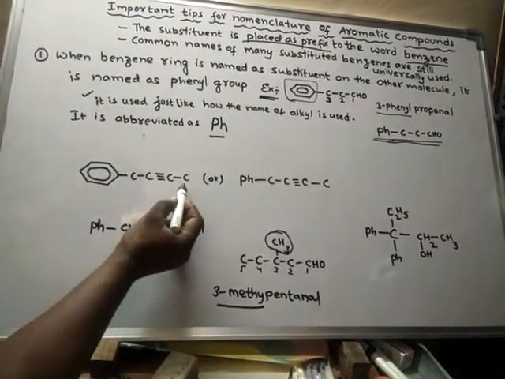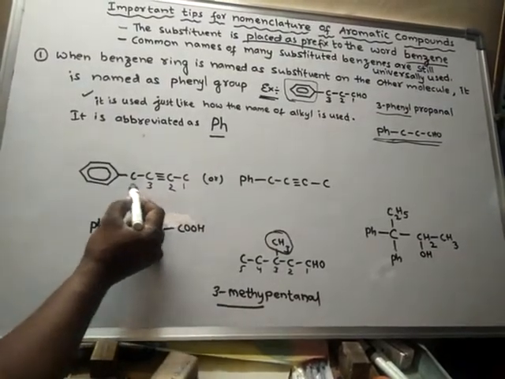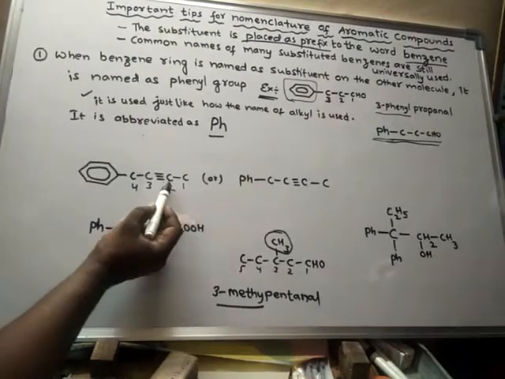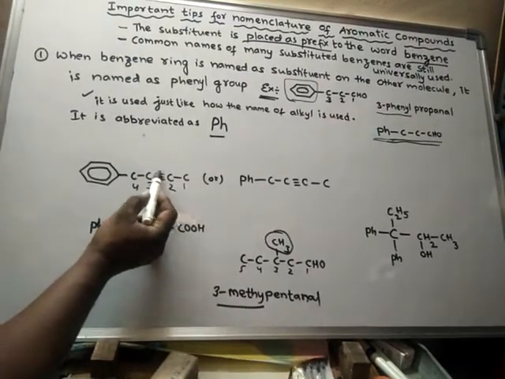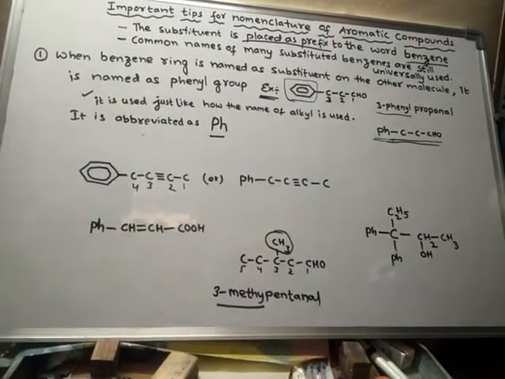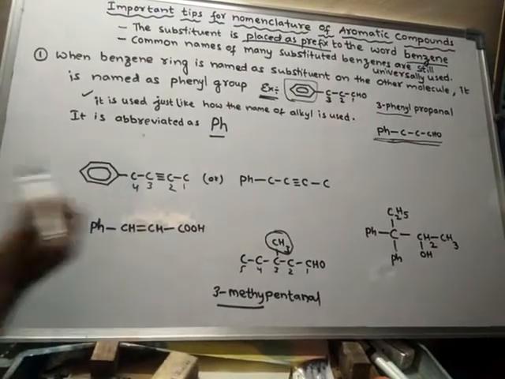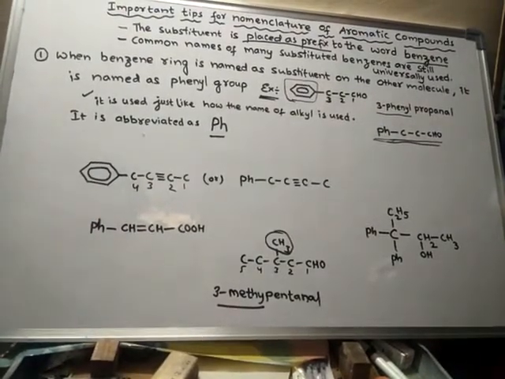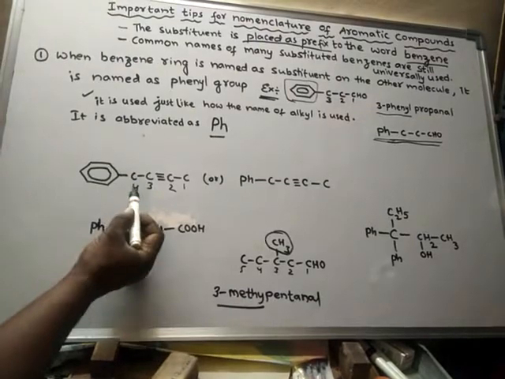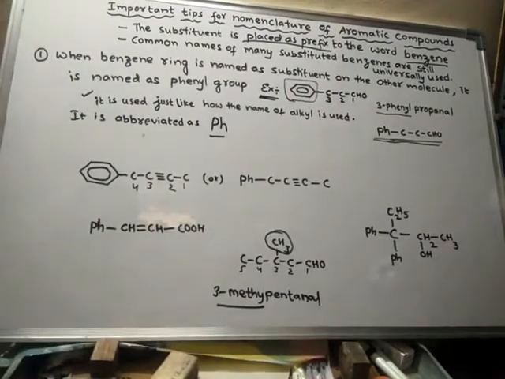Suppose here, if I give numbering from this side, the multiple bonded carbon will get number 2, and the substituted carbon, the locant carbon, will get number 4.